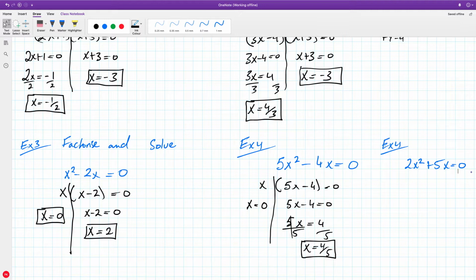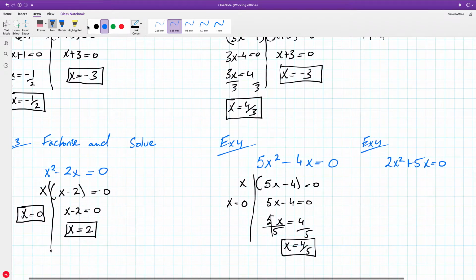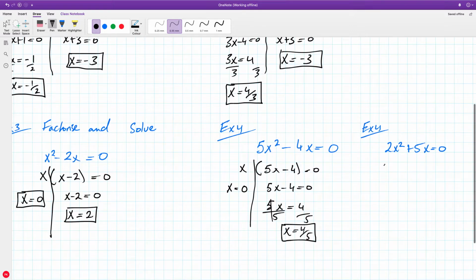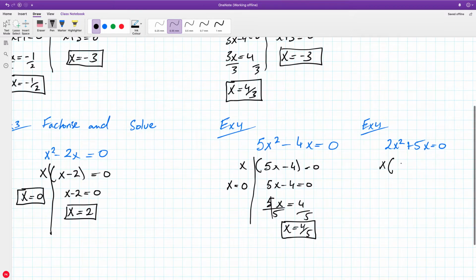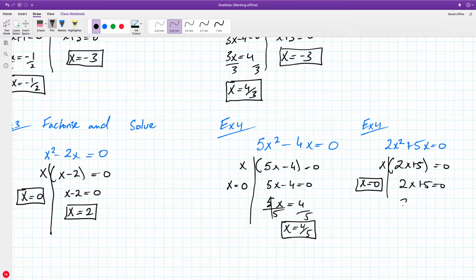Let's look at it. What do 2x squared and 5x have in common? And what's left in your bracket? Good stuff, equal to 0, line down the middle. X is equal to 0. 2x plus 5 equals 0. 2x is equal to minus 5, divided across by 2. X is equal to minus 5 over 2.